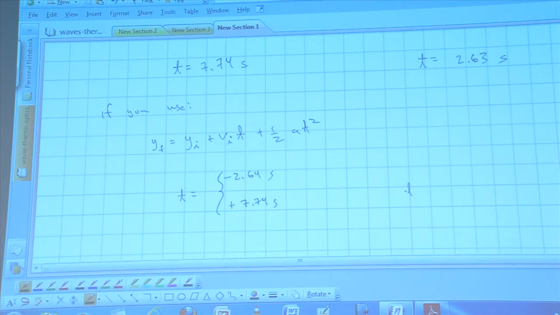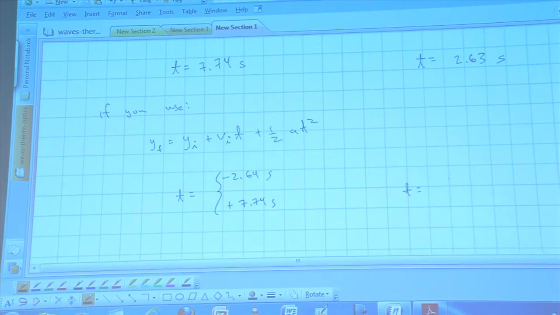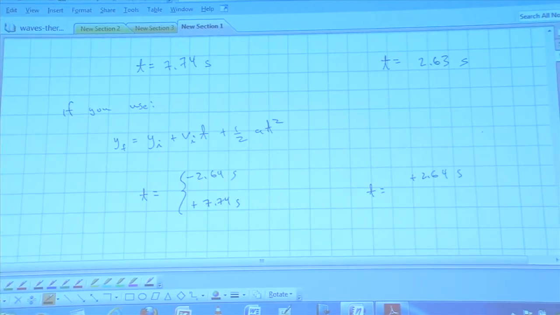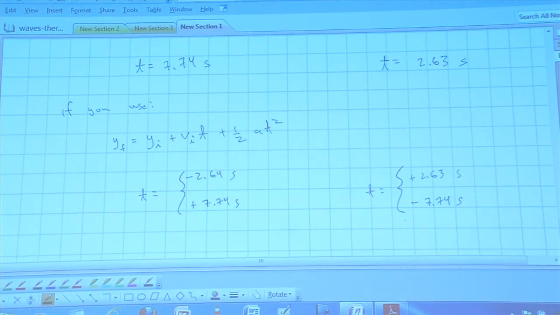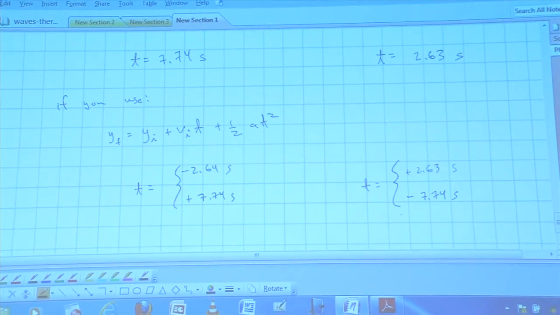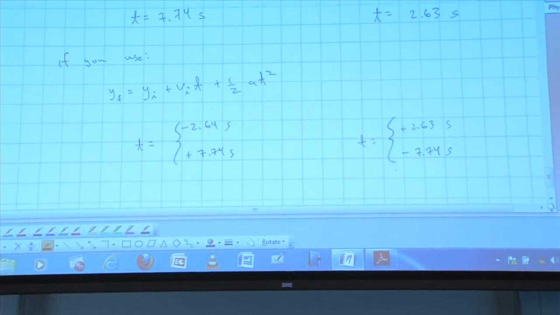And for case 2, you end up with a positive 2.64 seconds, I rounded off, I guess, and a negative 7.74 seconds. Negative time doesn't have any physical meaning here, right? So you would throw that root out and take the positive root for each one of these.